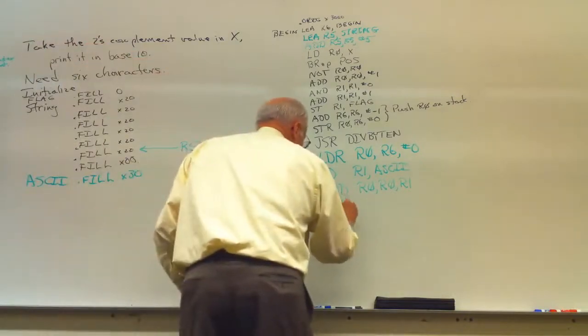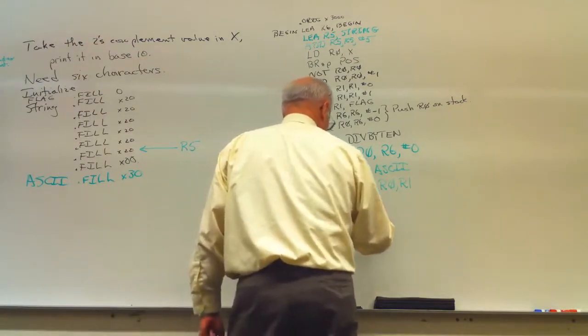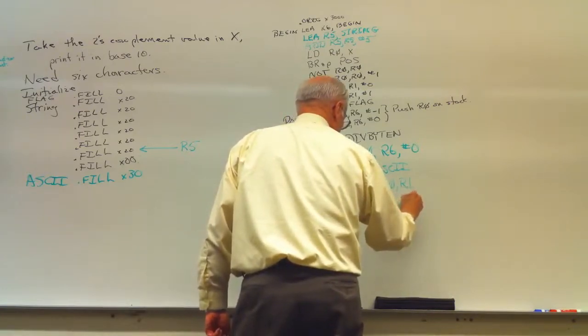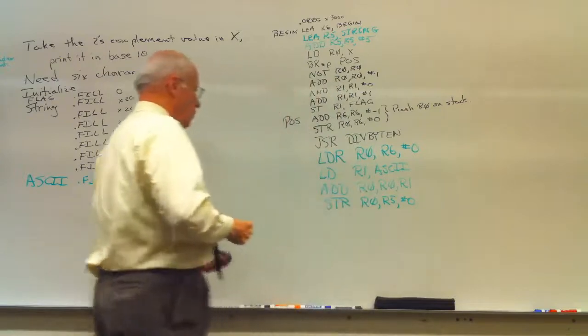So that now I can do a store relative register 0, register 5 with no offset.